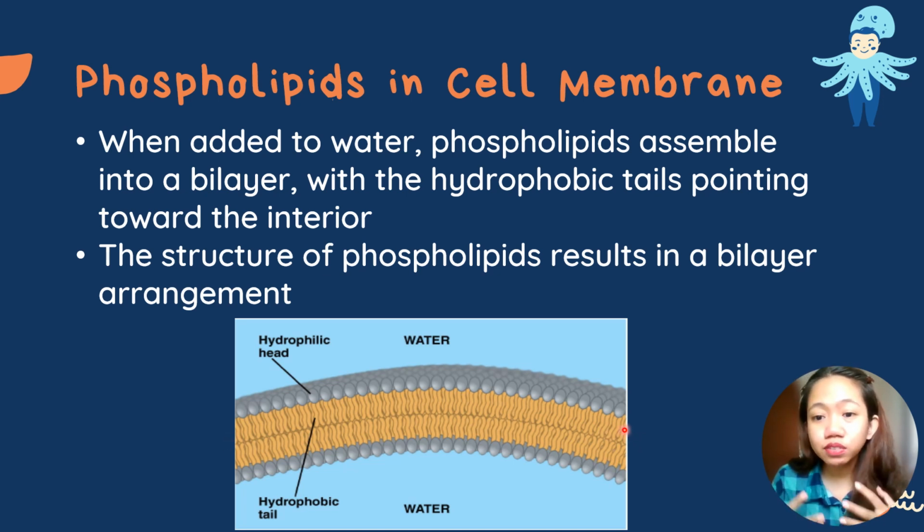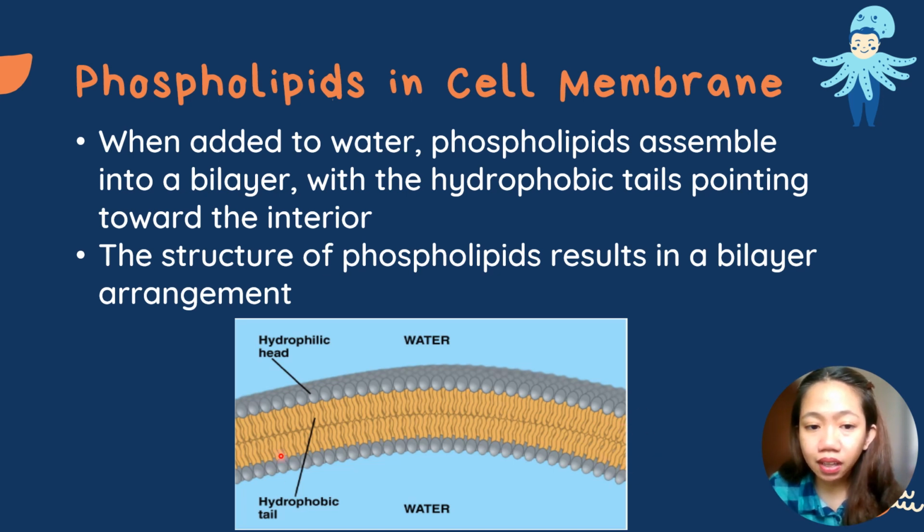So because of the biomolecule nature, or the charges of these molecules, they create this consistent lipid bilayer within our cells, which is very useful in making sure that no excess water enters the cell and no excess water exits the cell, because there is a wall or a barrier made up of phospholipids.